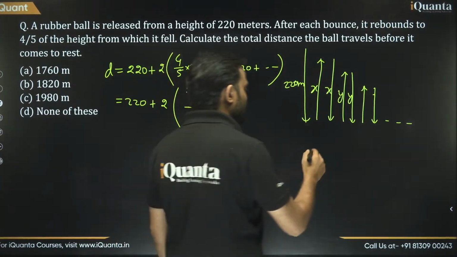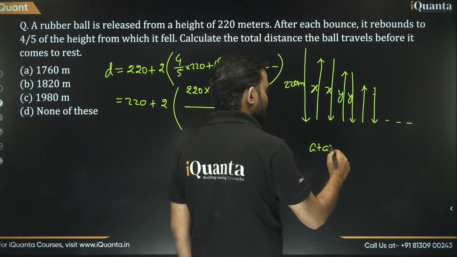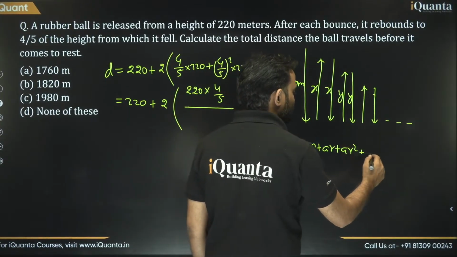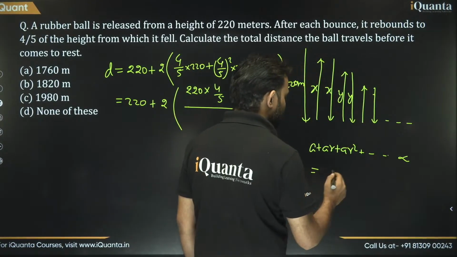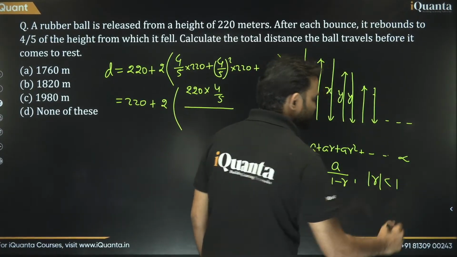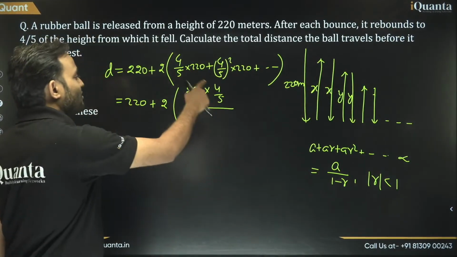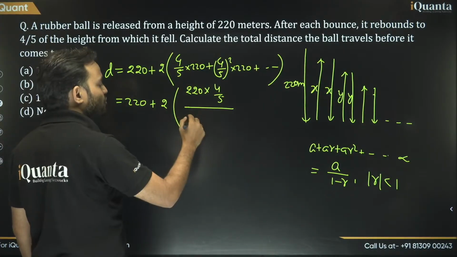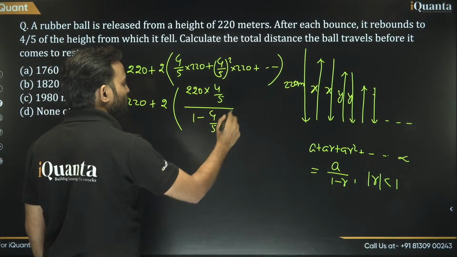Now sum of infinite GP. What is the sum of infinite GP? A plus AR plus AR square, and so on, till infinite terms is equal to A upon 1 minus R, when mod of R is less than 1, right? So this is our A, and the common ratio is 4/5. So 1 minus 4/5.